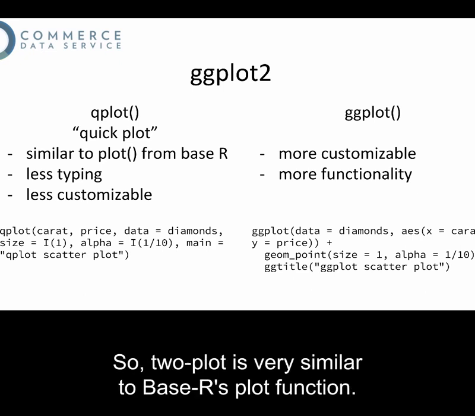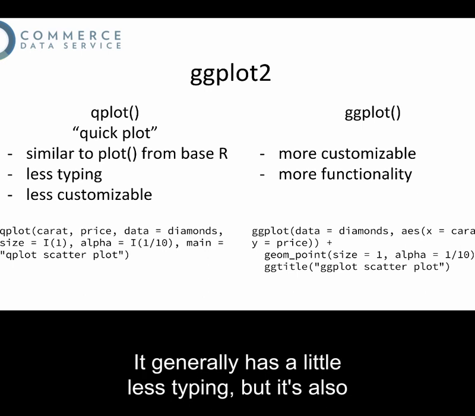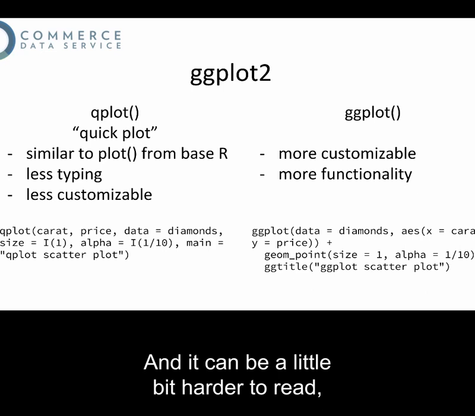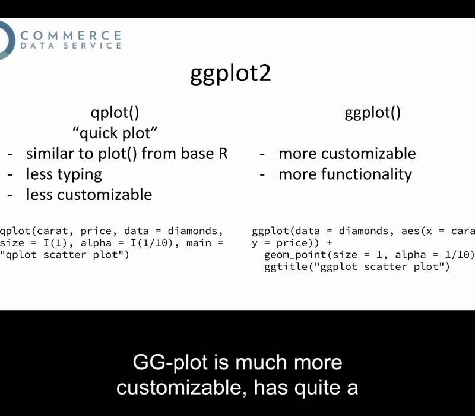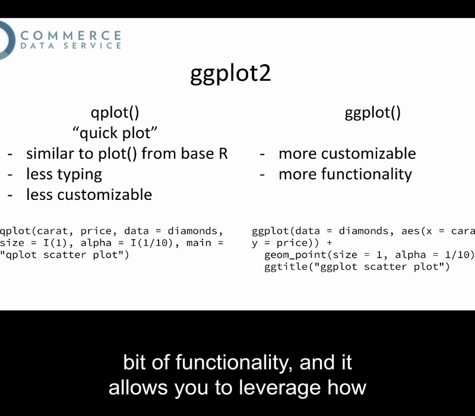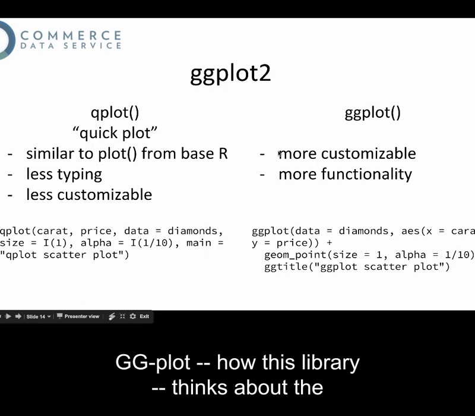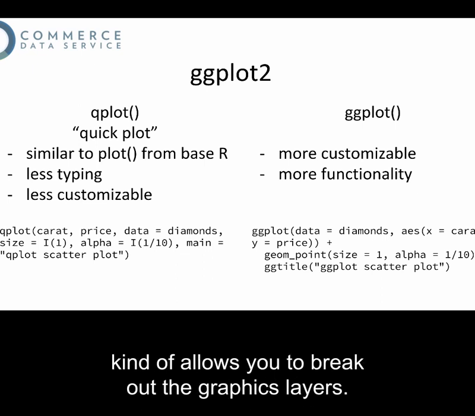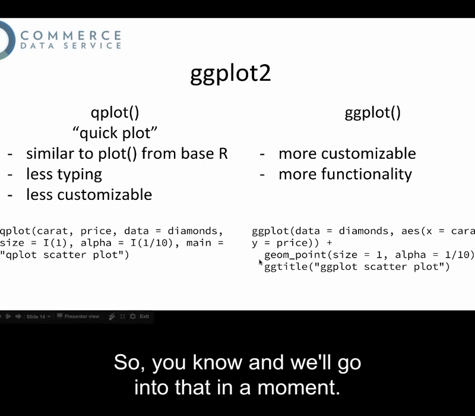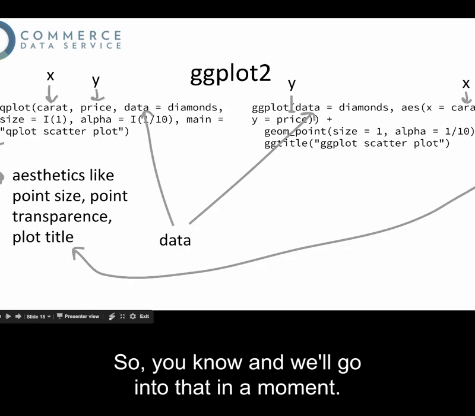So qplot is very similar to base R's plot function. It generally has a little less typing, but it's also less customizable, and it can be a little bit harder to read in my opinion. ggplot is much more customizable, has quite a bit of functionality, and it allows you to leverage how this library thinks about the visualizations you're creating, and it kind of allows you to break out the graphics layers. And we'll go into that in a moment.